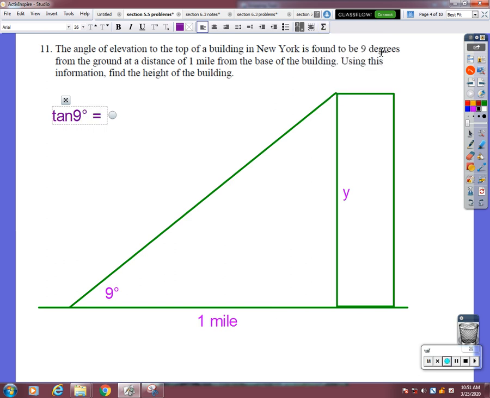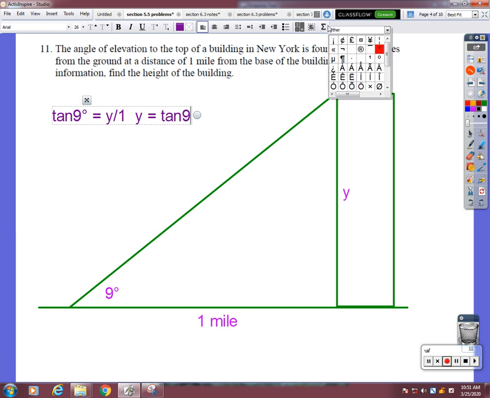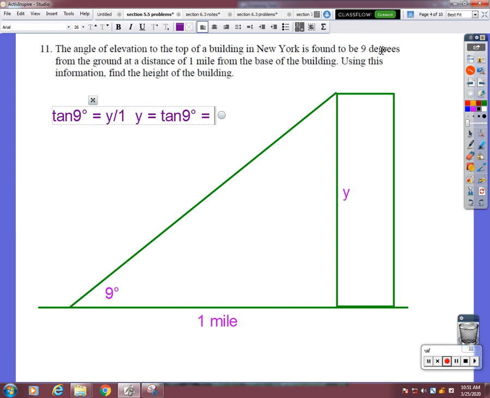So the tangent of 9 degrees is equal to the opposite side divided by the adjacent side, which means that y is just equal to the tangent of 9 degrees, because we're multiplying by 1, so that doesn't change it. So, let's figure out what the tangent of 9 degrees is. That works out to be 0.158.